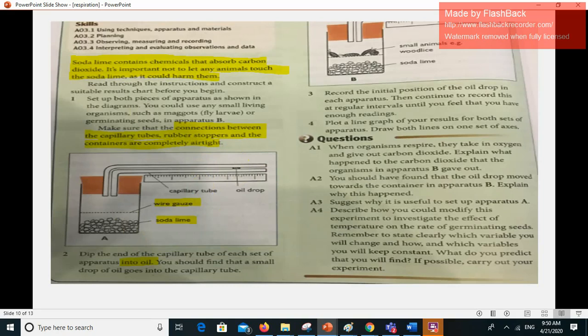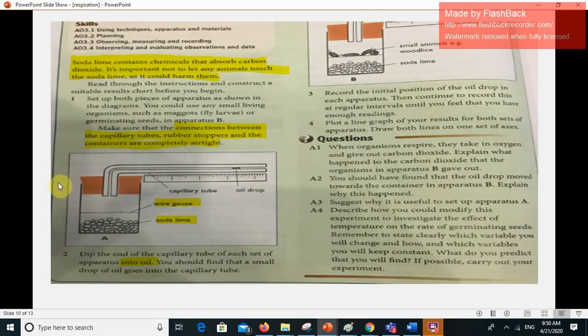That's why to provide the pressure in the capillary tube, pulling the oil drop towards the wood lice. So here we can measure the distance traveled by the oil drop over time. Only oxygen should be sucked here from the capillary tube.